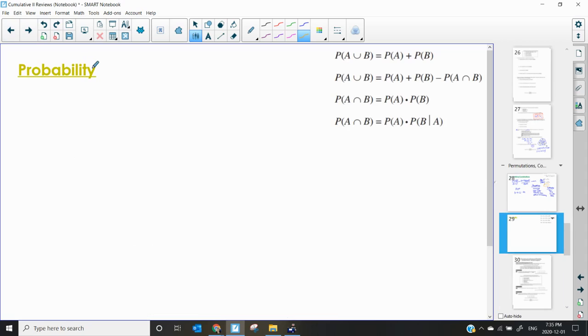All right, now with probability, we're looking at 4 specific formulas. These also come in handy when you're working with set theory and your Venn diagrams, but it's important that you know what each of these formulas represents. The first one represents a situation where the elements or the events are mutually exclusive. The next one is not mutually exclusive.